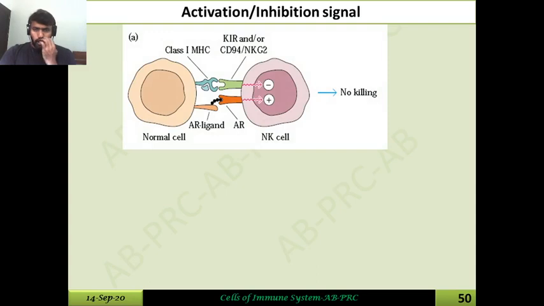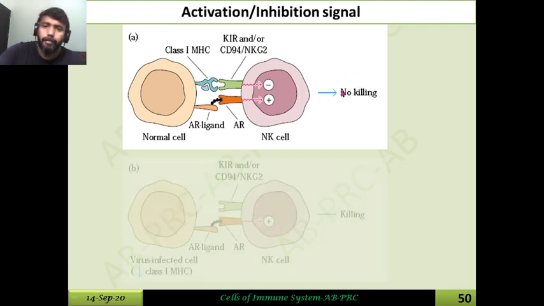So this image will give you a little more idea. Here you can see this is the negative signal and this is the positive signal, right? And the positive signal is actually nullified by the negative. If there is a negative signal, then the positive signal will not be effective, so there is no killing.